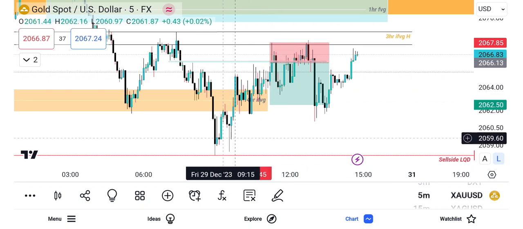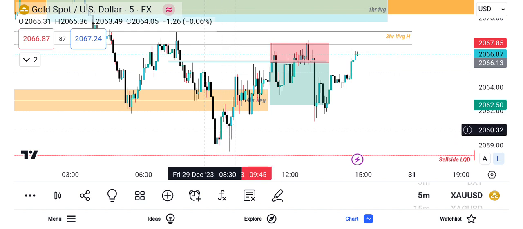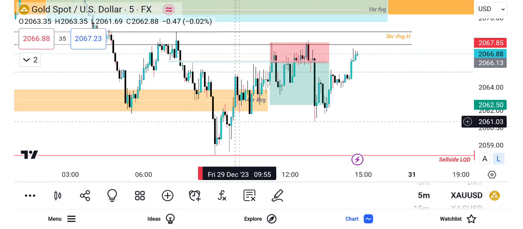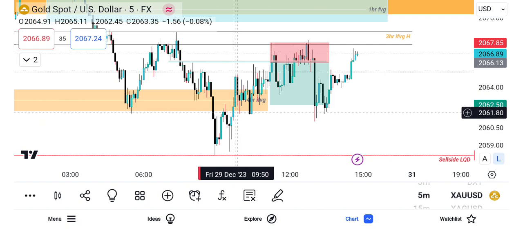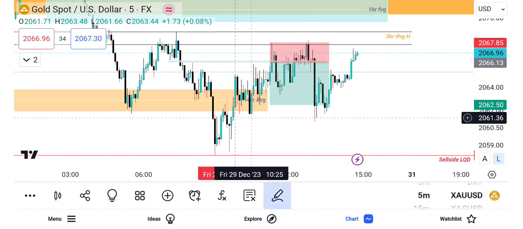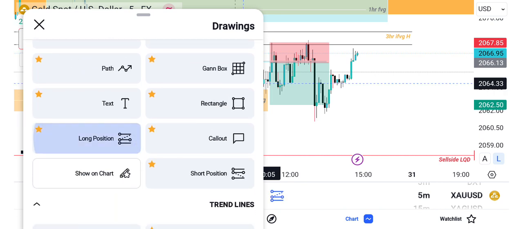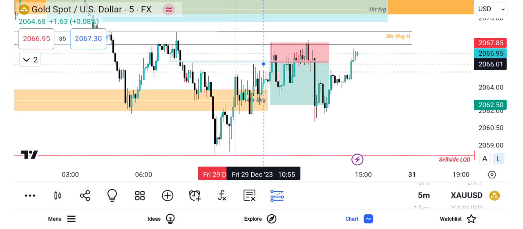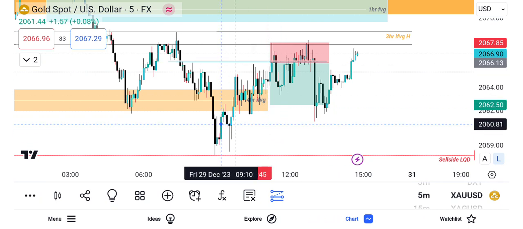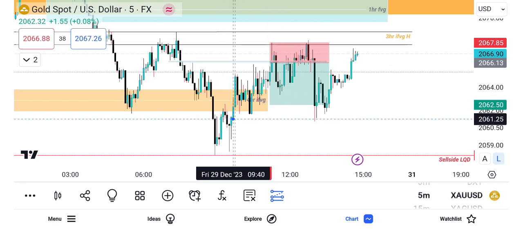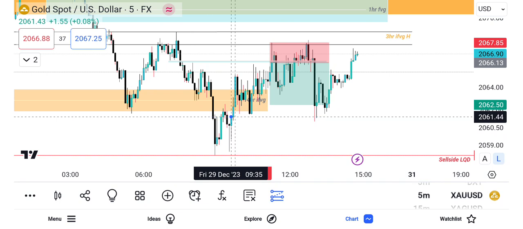At this level I was watching price, and I was seeing these candles being respected, this fair value gap here, and maybe next time I should have both trades in. If I had taken my trade because I was expecting price to reach this level then sell off, I could have had my 1 to 2 earlier on.